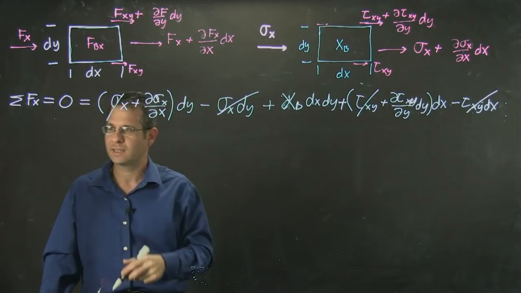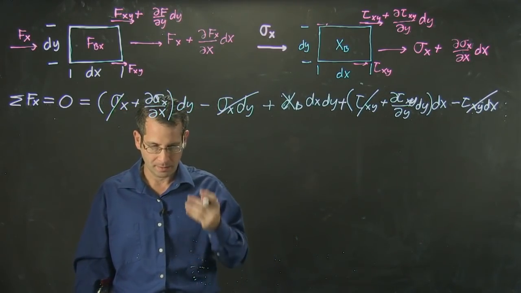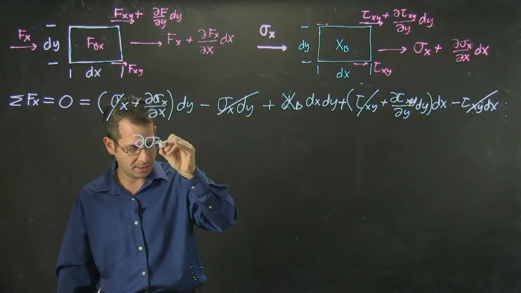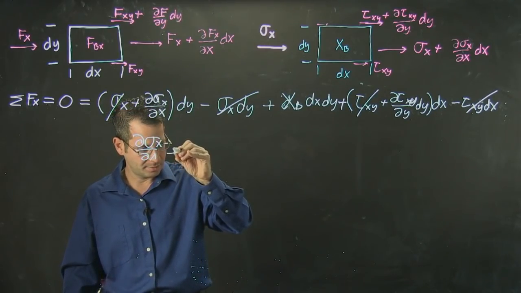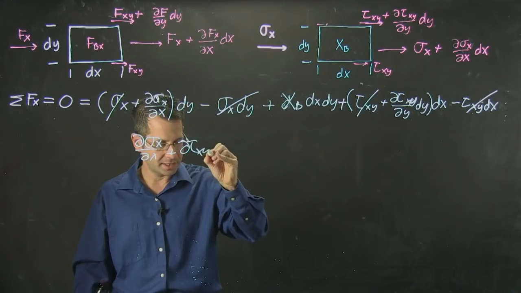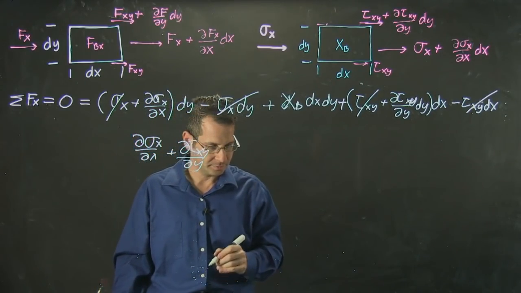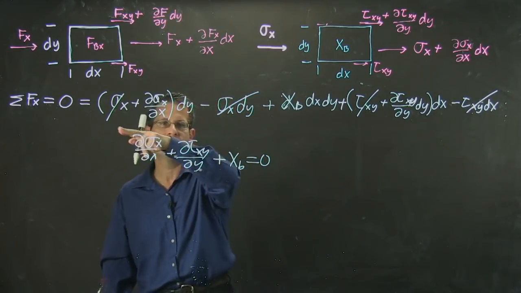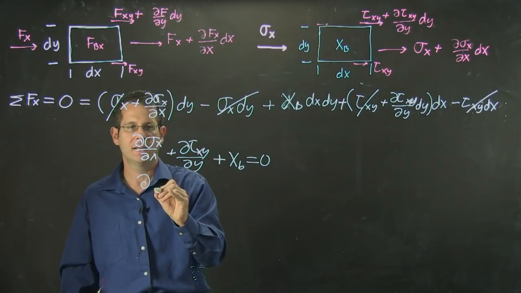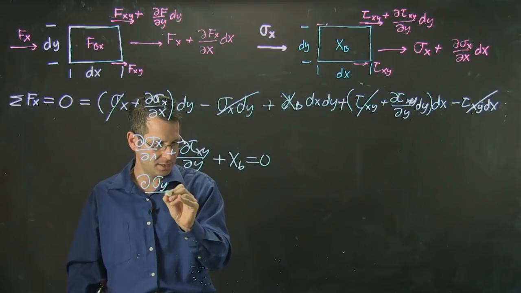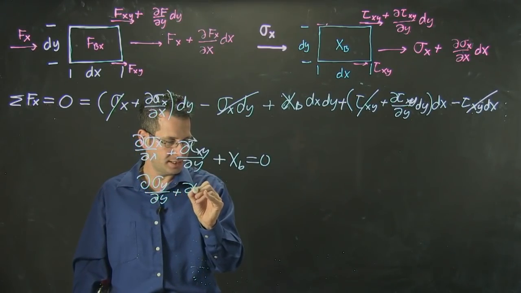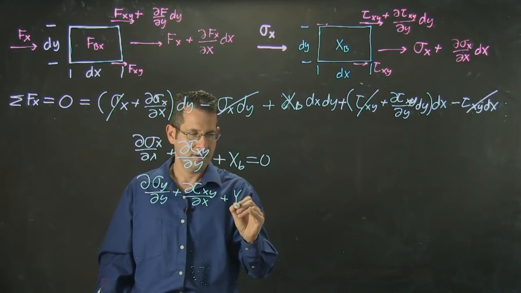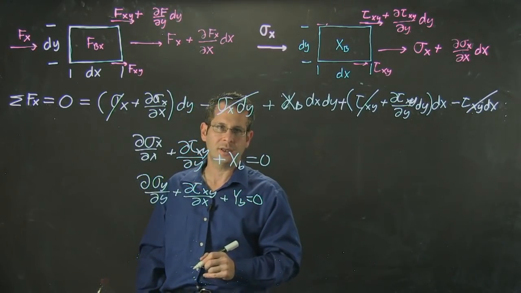And I can rewrite this in a simpler form: d sigma x dx plus d tau xy dy plus xb equals 0. Had I done this in the y direction, I could also write d sigma y dy plus d tau xy dx plus yb equals 0.